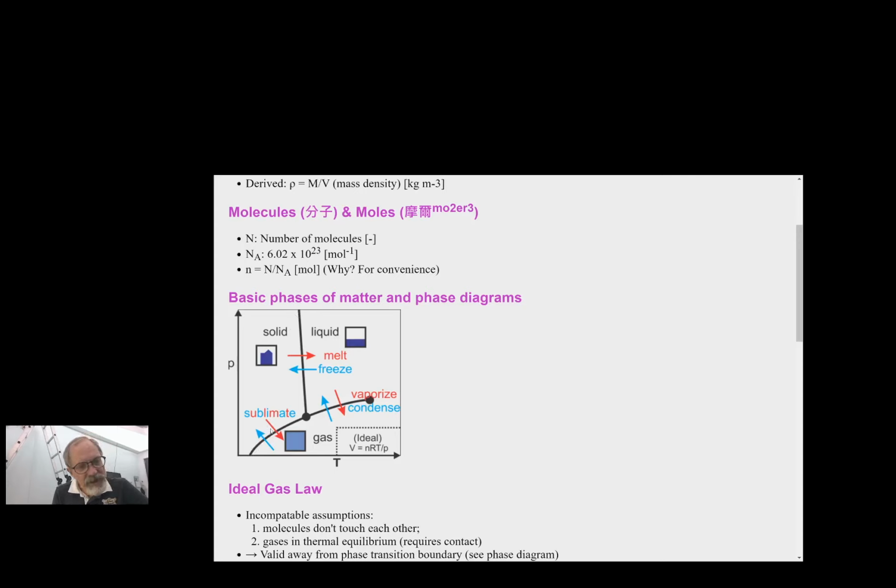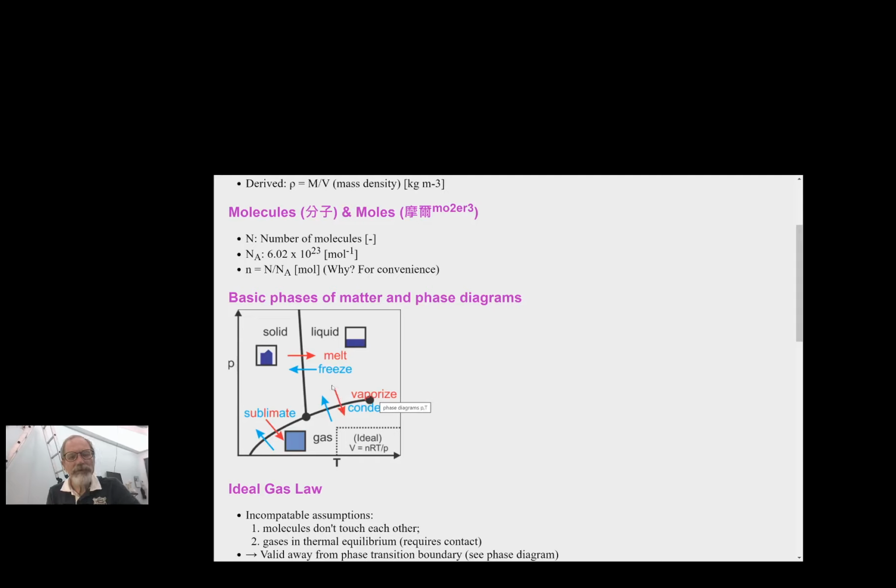Now you can see these lines on this graph. These lines show where the change occurs between gases and solids, or gases and liquids, or liquids and solids. In English, we have some specific vocabulary. If a solid becomes a liquid, it is said to melt. If a liquid becomes a solid, we say it freezes. If a gas becomes a liquid, we say it condenses.